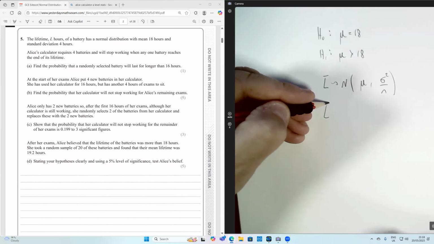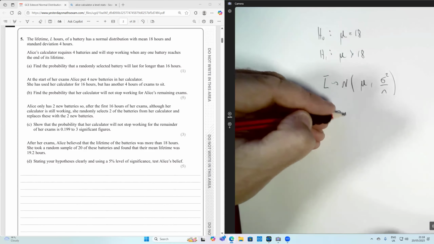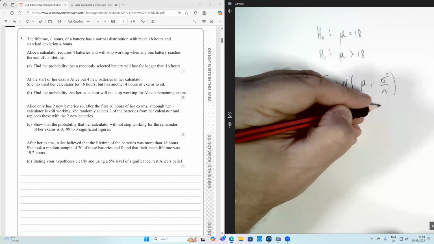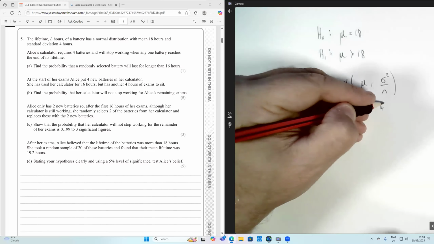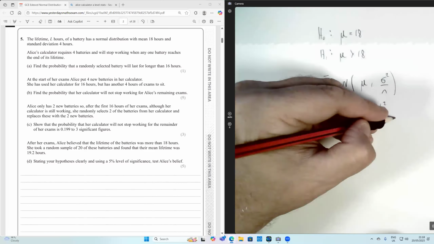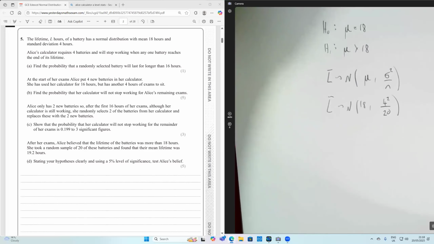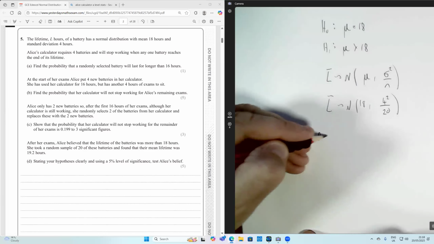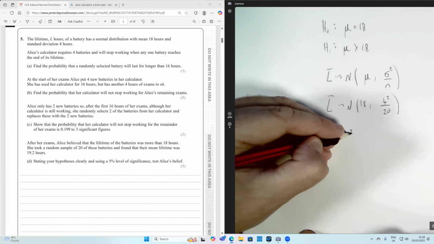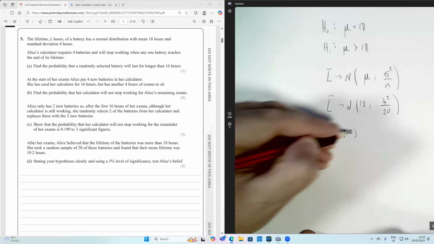So we've got L is going to, in this case, be normally distributed with a mean of 18, and our standard deviation from earlier in the question was 4, and the sample size n is 20. Okay, there we go. So let's have a look at this now. We want to investigate the probability of this sample being greater than 19.2 hours. Okay, so let's work that out.